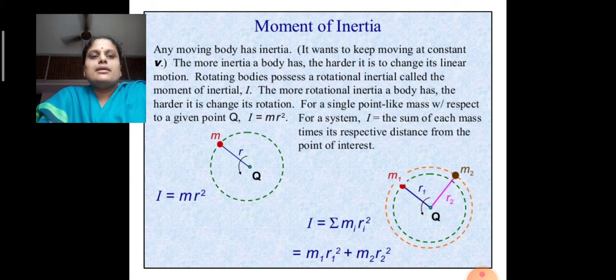If there are many particles or a system of particles in the object, then the total moment of inertia I can be written as the sum of mi ri², where i is from 1 to n, and n represents the number of particles.